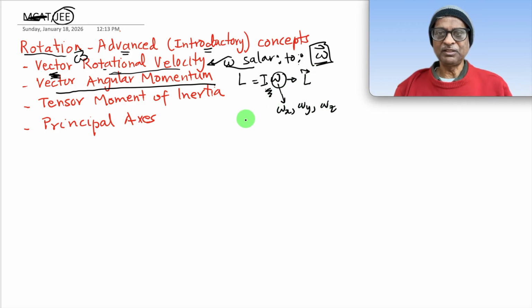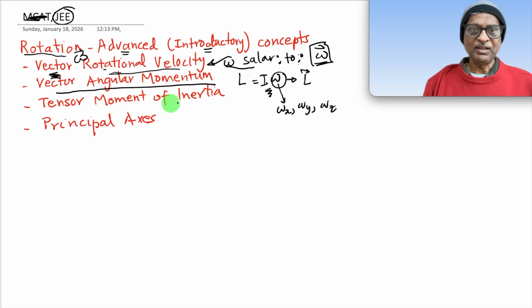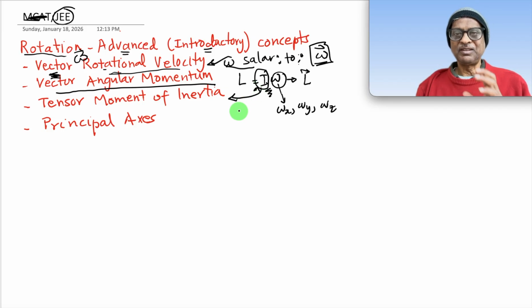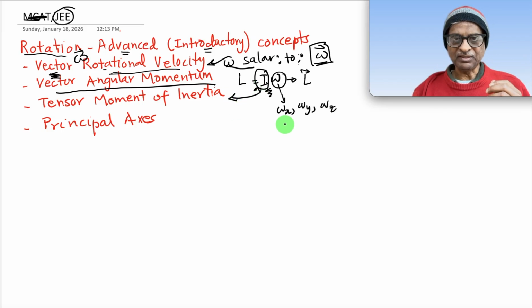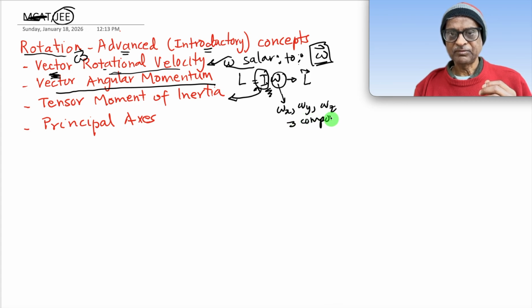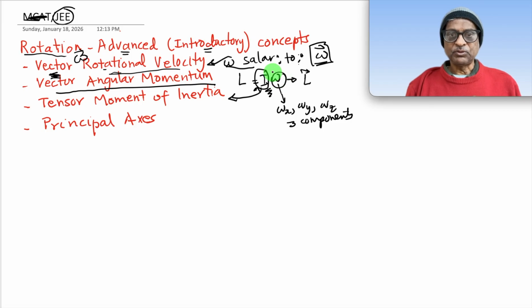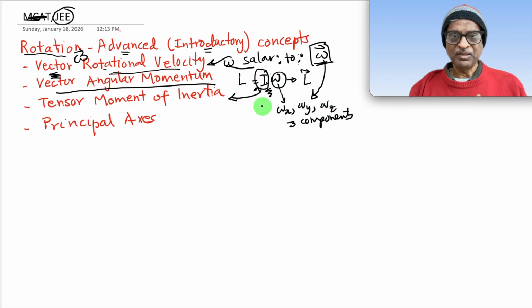That turns out to be a little more complicated, and it involves thinking of this guy as having 9 components. The vector has 3 components in general in 3 dimensions. This guy has 3 components. Omega itself is just one, a scalar.